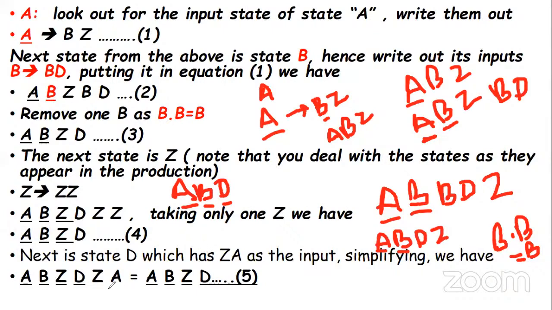D is what? ZA. If you go to the table, you have your D to be ZA, then you bring out the last Z, which is here. You put your Z here. No problem. Let me show you the table so that you don't get lost.